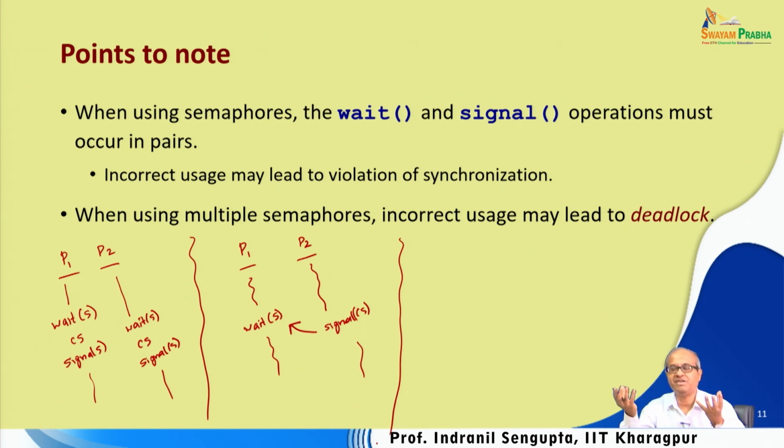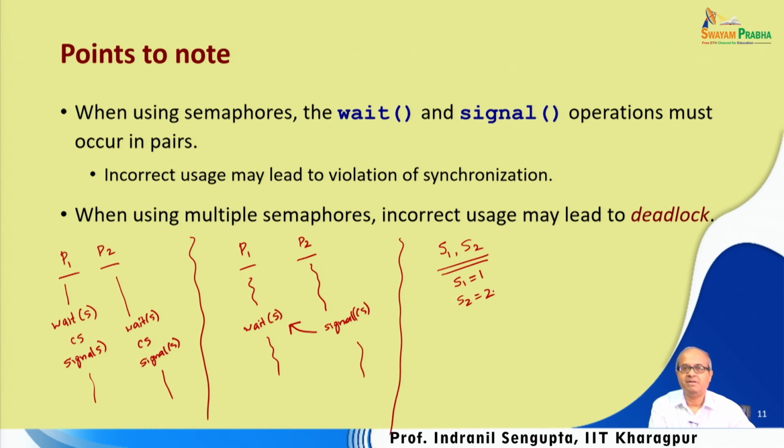Suppose there are two shared variables, two shared items, and you have defined two semaphores S1 and S2. Both of them are initialized to 1, both of them are initially unlocked.